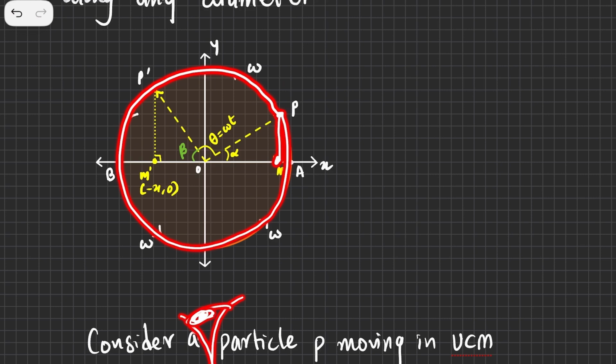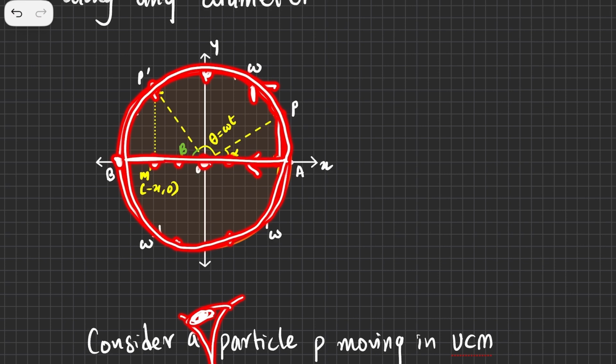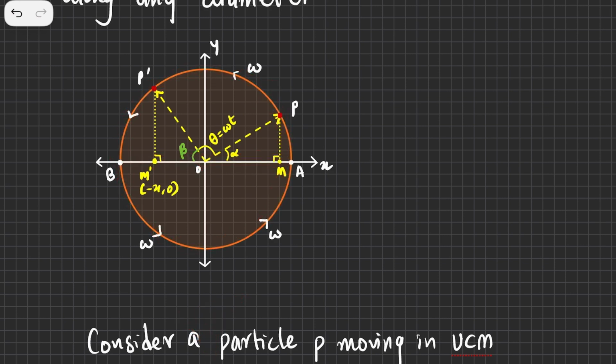So when you are seeing along the diameter, when the particle goes ahead and reaches here, it appears to be here, and so on at each point. The particle is moving along the circumference of a circle, but it appears that it is moving along the diameter like this. And that is true even if you watch it from some other point as well.